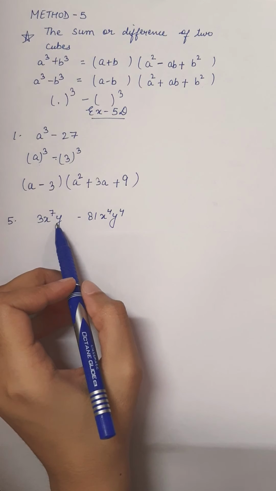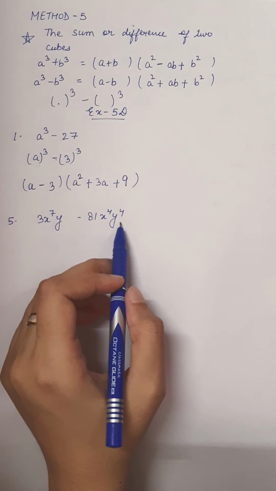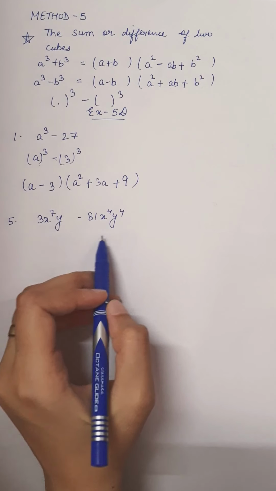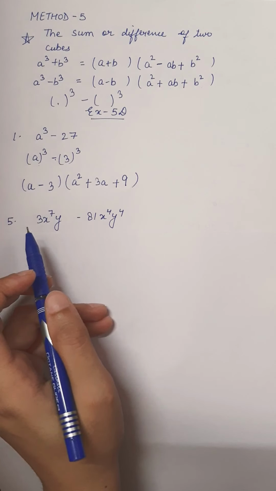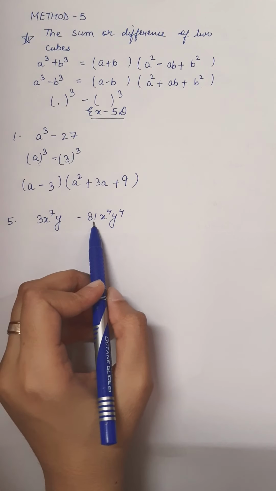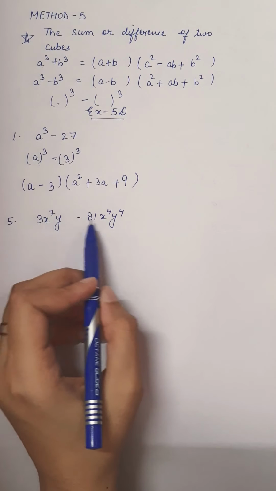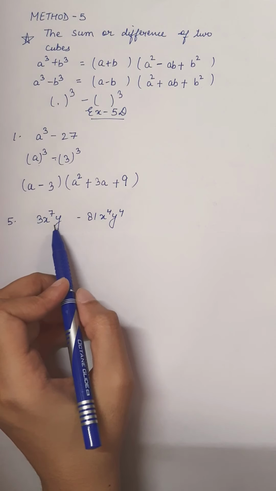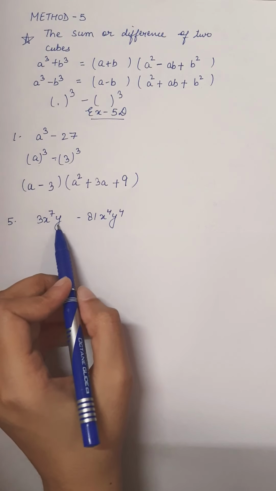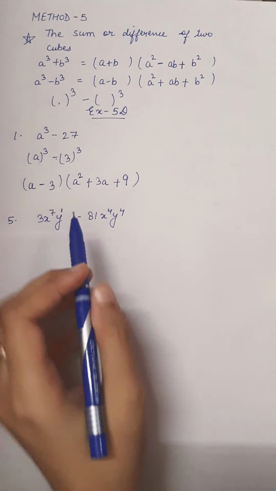Next question 5. 3x to the power 7y minus 81x4y4. Now like I told you, first of all, you need to see if anything is common and the work will be done easily. So from the numbers, 3 is common. From variable x, least is 4, so x4 we will take common. And from variable y, this one is least with the power 1 by default, so y1.